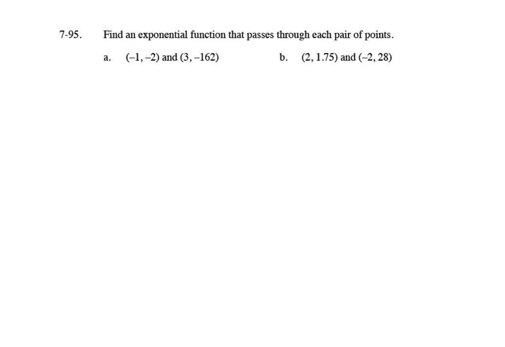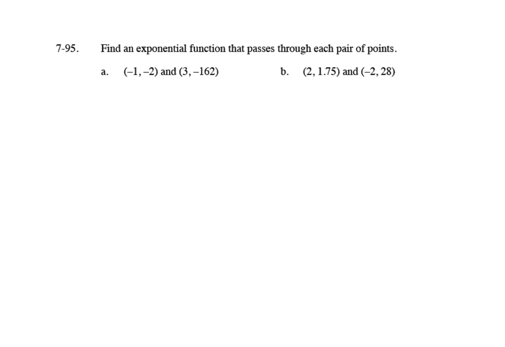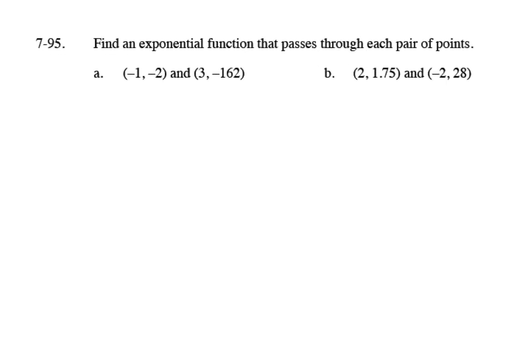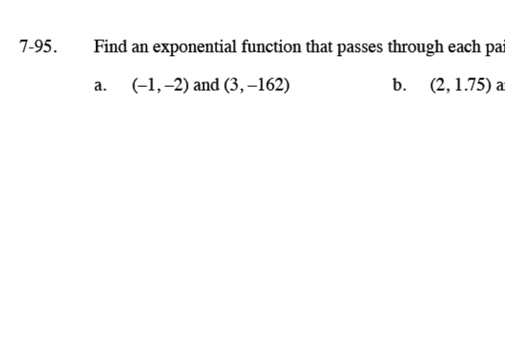The first problem asks you to find an exponential function that passes through the pair of points. For a, the two equations you're going to want to start with are the following: -2 equals a b to the -1, and -162 equals a b to the 3rd.